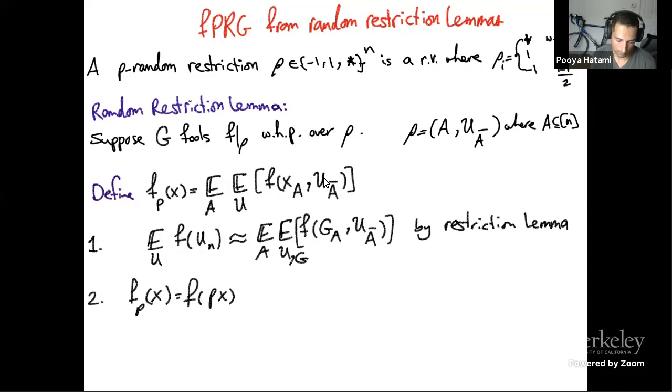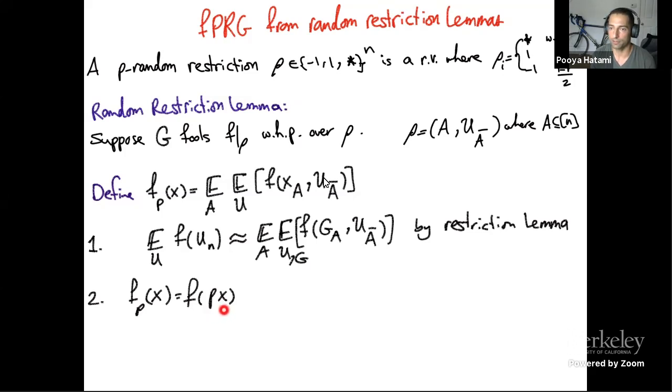The next thing is you can look at this expectation here. The input is a random vector with a product distribution. Each of its coordinates is either x_i or uniform, and it's equal to x_i with probability p. So this function is nothing but f evaluated at p times x, by multilinearity.